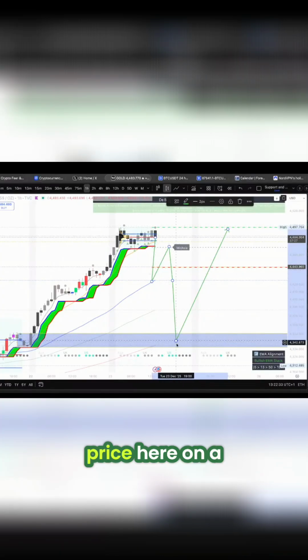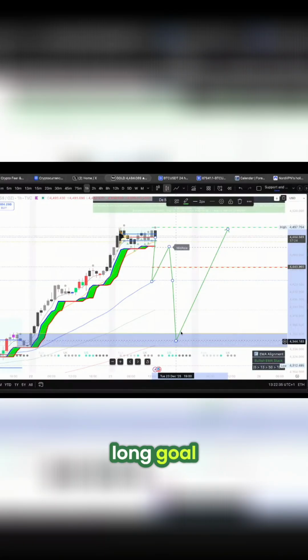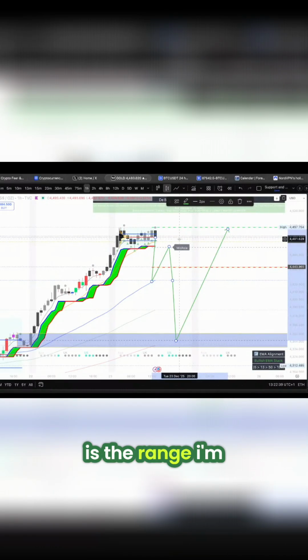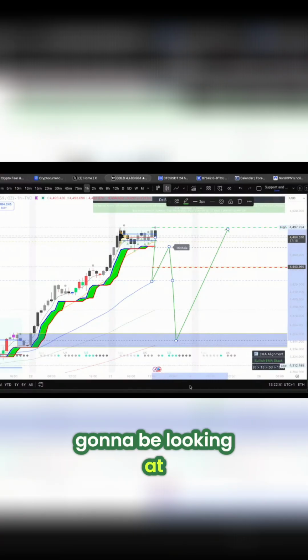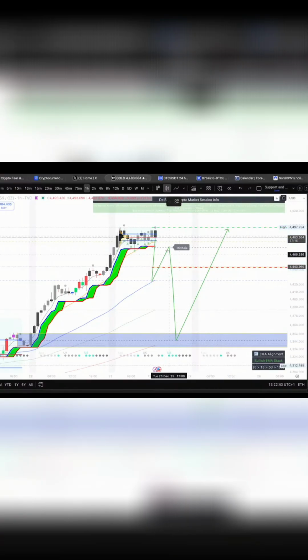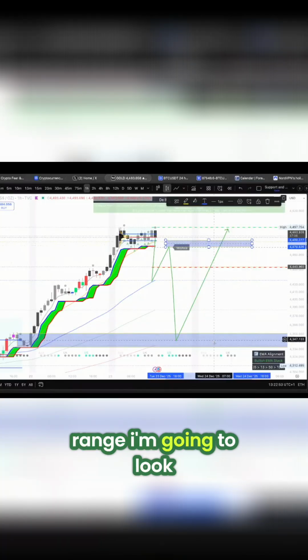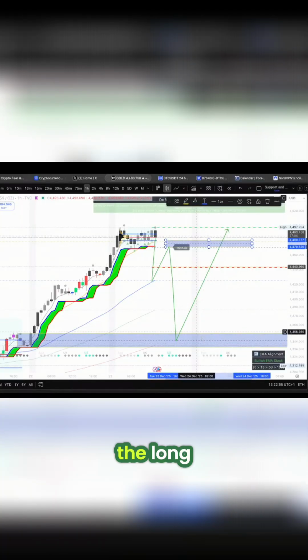Then when I see price here, I'm going to long gold back up here. So this is the range where I'm going to short gold, and this is the range I'm going to look at for the long.